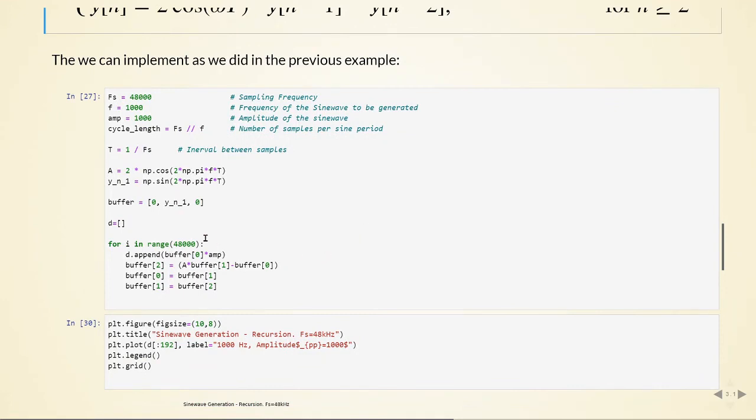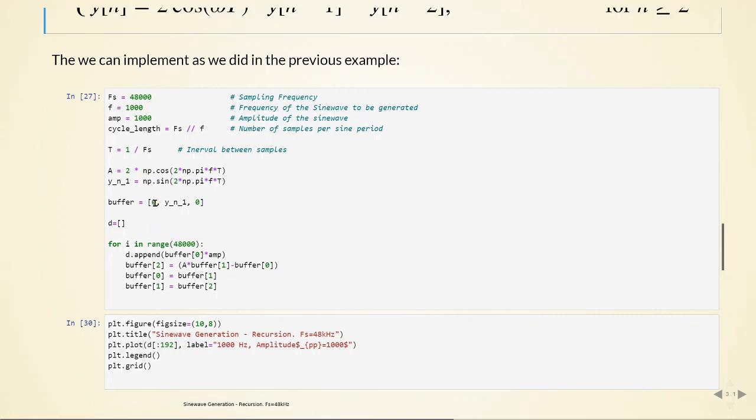Then in this loop, the output gets the buffer at position 0, so it's y of 0 times our amplitude, and then buffer 0 gets the value of buffer 1, so y0 becomes y1, y1 becomes y2, so it's a kind of shifting to the left. Then we calculate the new number, and it goes here, and all the time we return this to the output.